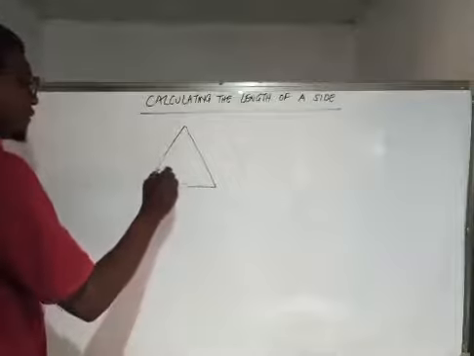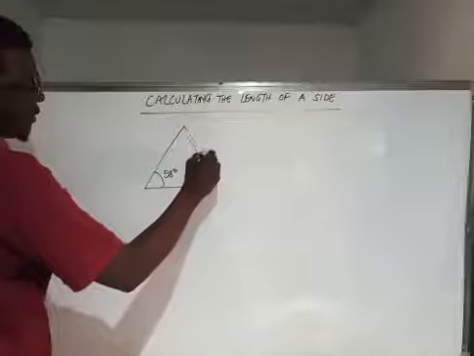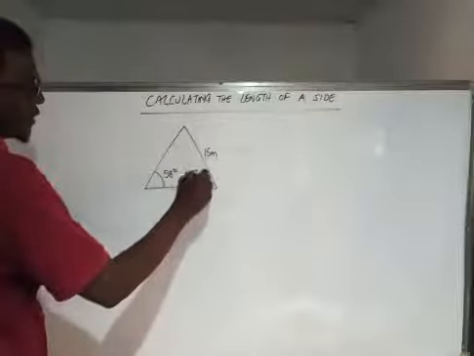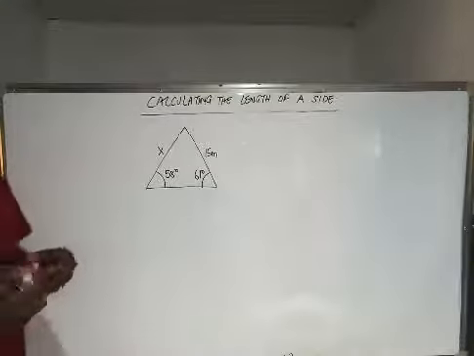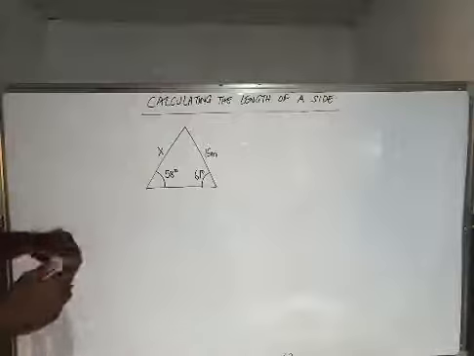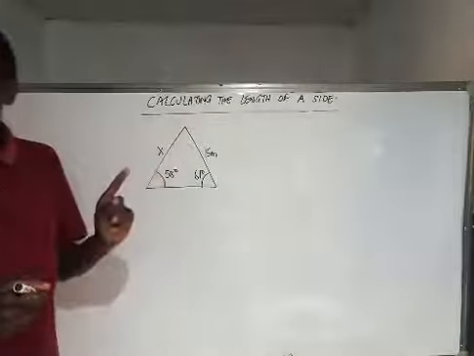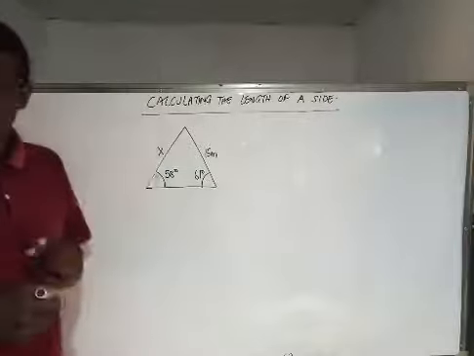Let's say this is 58 degrees and we are told this is 15 meters. Let's say this is 61 degrees and then we want to find the side x. When you are given this, you are going to observe that each of the sides have a corresponding angle.